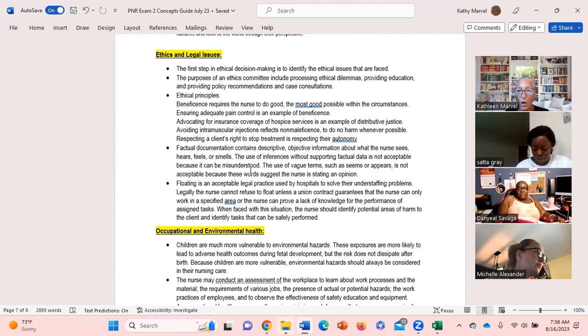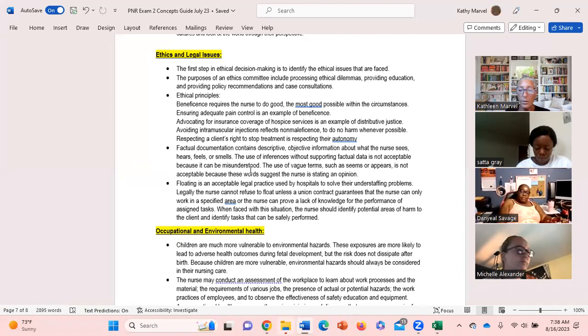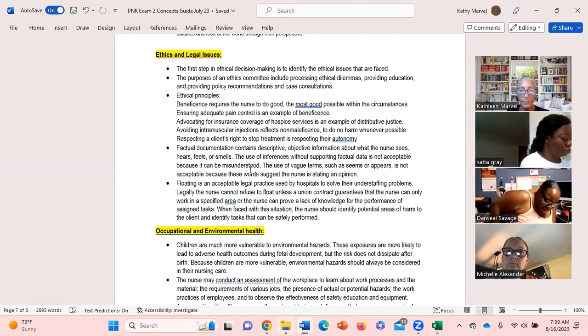You can't infer something without factual data to support it. So using terms like it seems or appears is not acceptable because you're stating an opinion. You have to be factual. Vital signs, pain level on a scale of 1 to 10 is 7, description of the wound. Those are objective, factual data points that need to be documented.